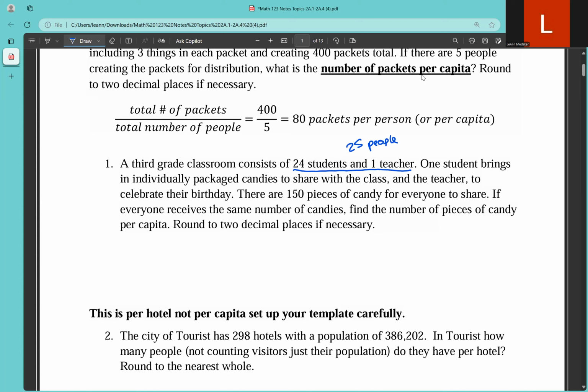If everyone receives the same number of candies, find the number of pieces of candy per capita, which means person. So we have 150 candies divided by 25 total people. And if you divide that on your calculator, you should get that that's 6 candies per person.